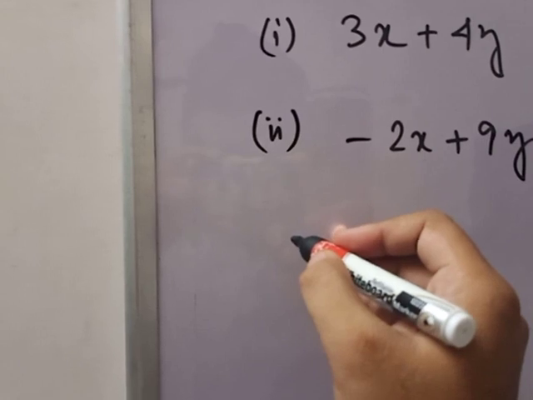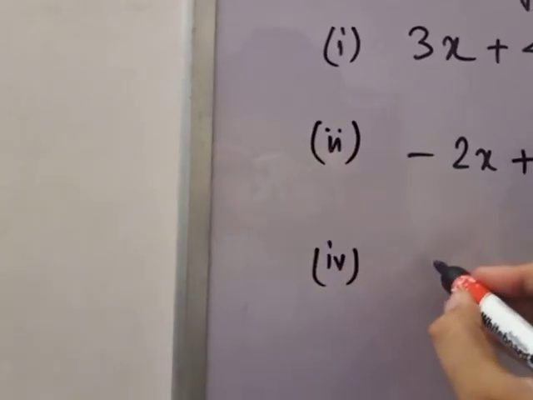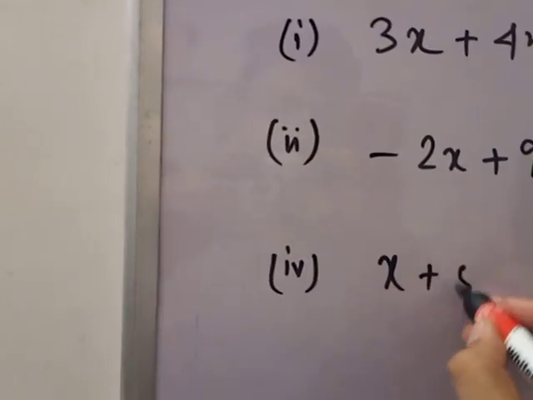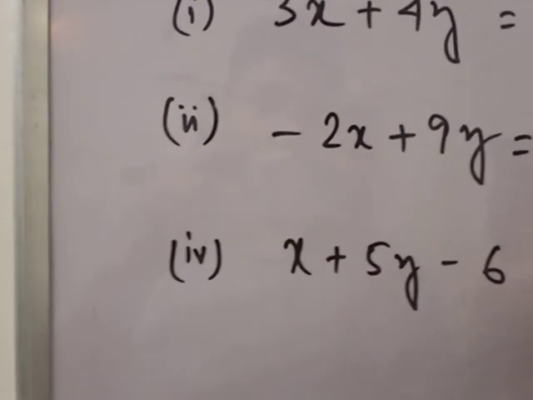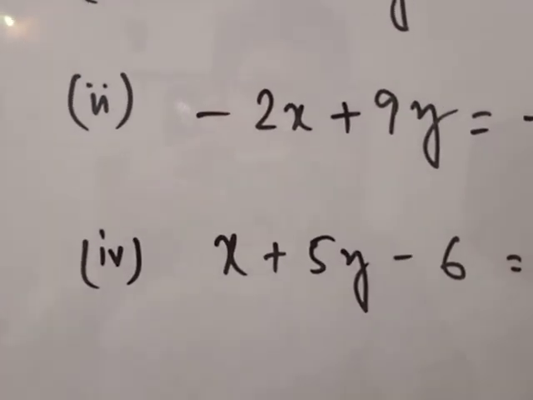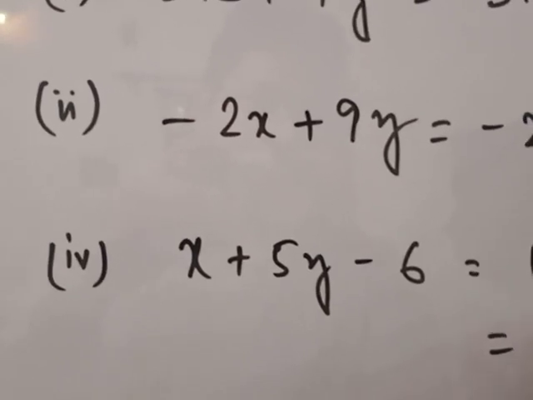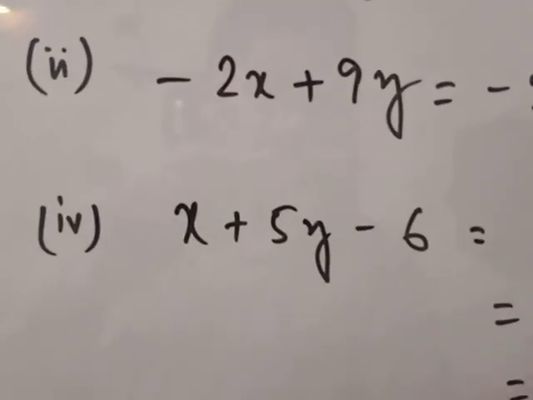Next, number 3 is the same. So I am doing number 4. x plus 5y minus 6. So 1 plus 5 into 2 minus 6. 5 into 2 is 10, 10 plus 1, 11 minus 6. This is 5.